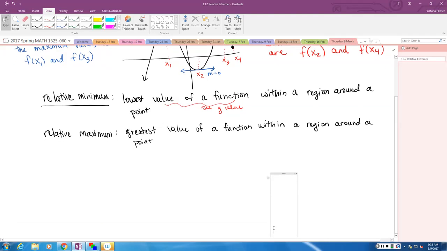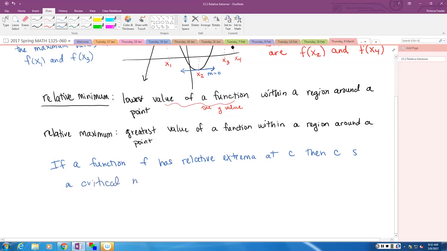So let me add: if a function f has relative extrema at C, then C is a critical number or C is an endpoint of the domain.